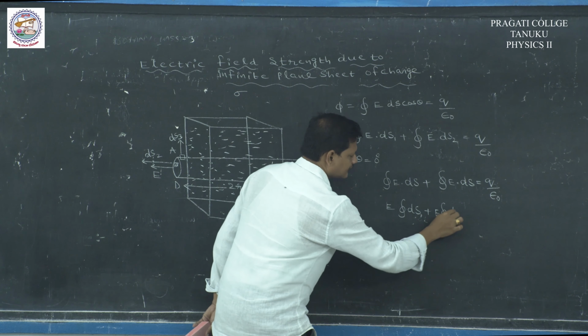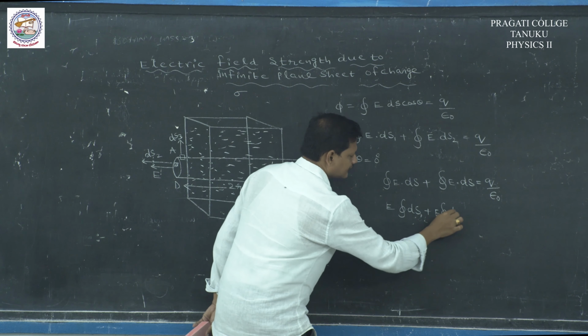So, E s plus E s is q by epsilon naught, E 2s is q by epsilon naught, E is equal to q by 2s epsilon naught. E is equal to sigma by 2 epsilon naught is the expression for the electric field strength due to an infinite plane sheet of charge.